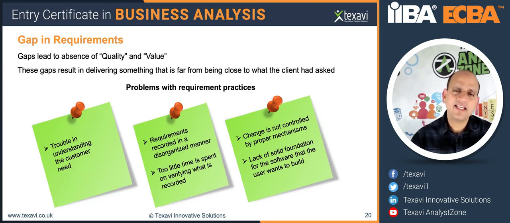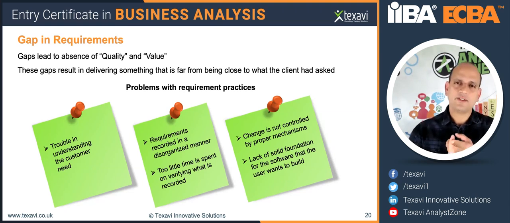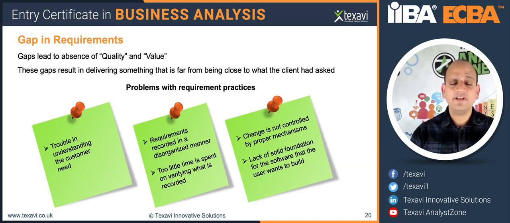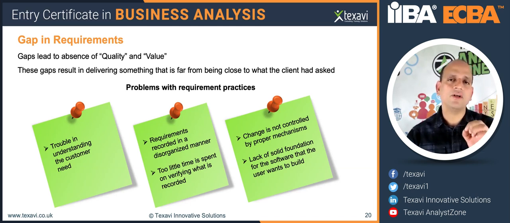About 76% of the projects fail because requirements were not communicated properly, not captured properly, not updated properly, not specified in the right way. So it's all down to how you manage the requirements. And this is very, very significant. That tells you the importance of capturing, specifying, communicating, and maintaining the requirements the correct way.